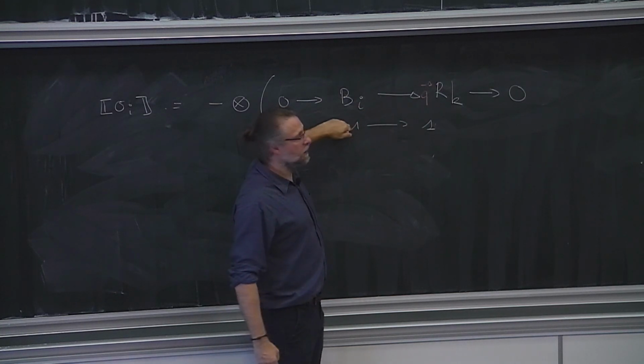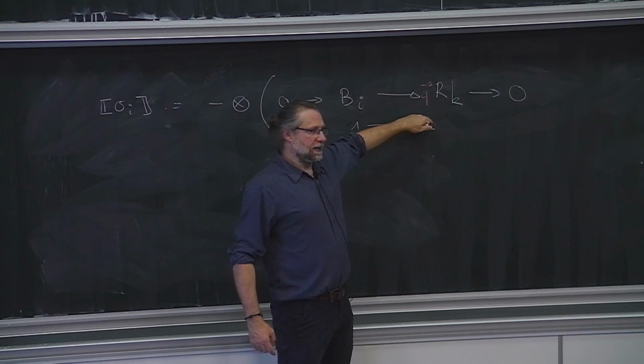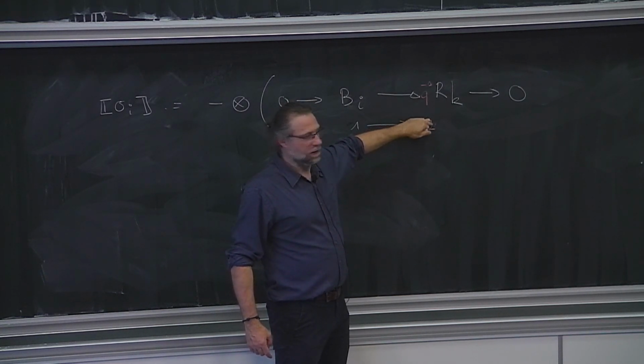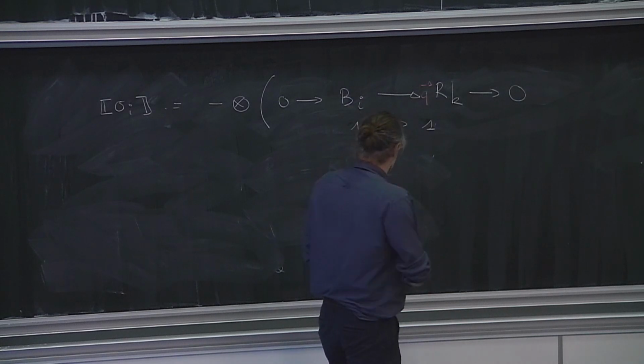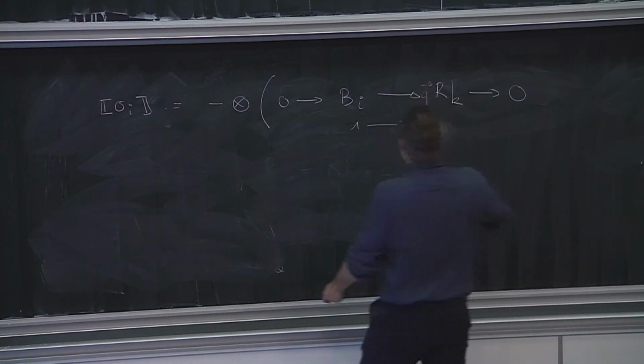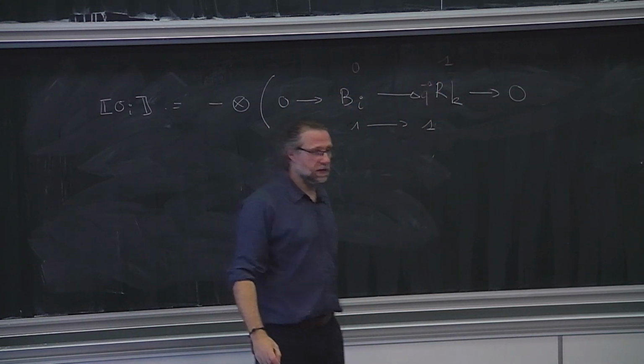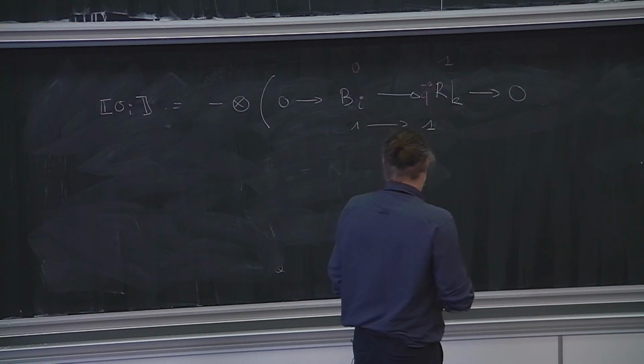Because remember the 1 in Bi was in degree minus 1, so I want the 1 in Rk to be of degree minus 1 as well. Then I have to tell you the cohomological degree I'm using. This is 0 and this is 1. This is the cohomological degree.